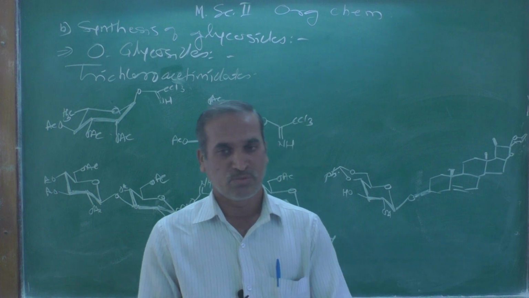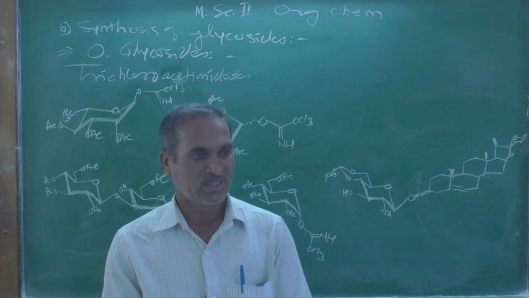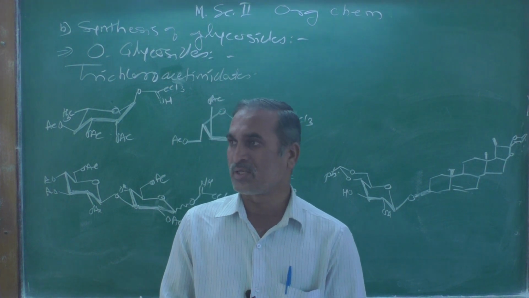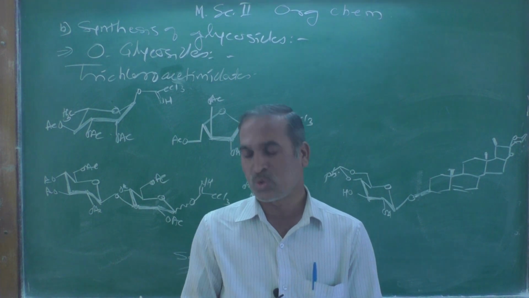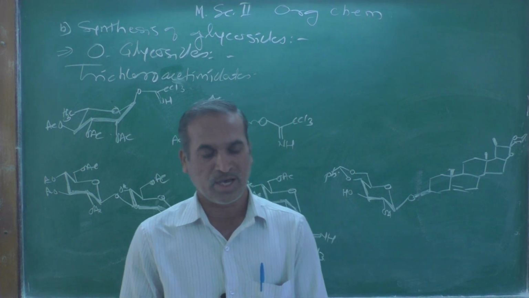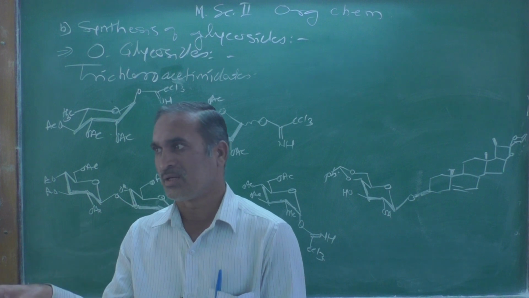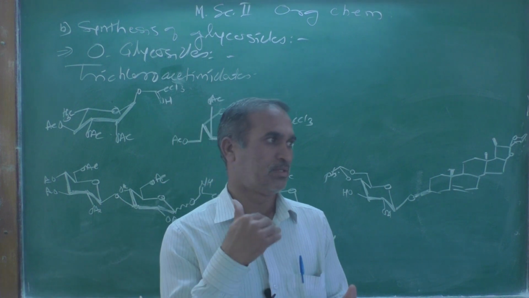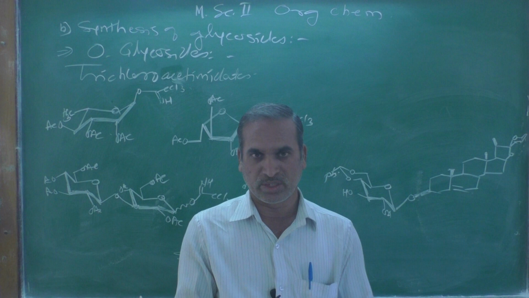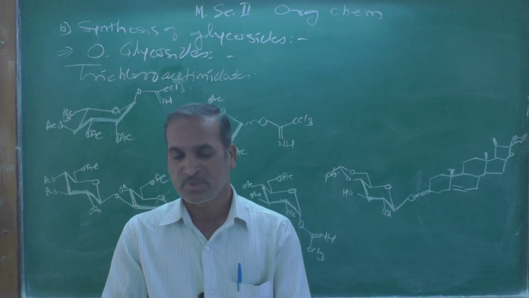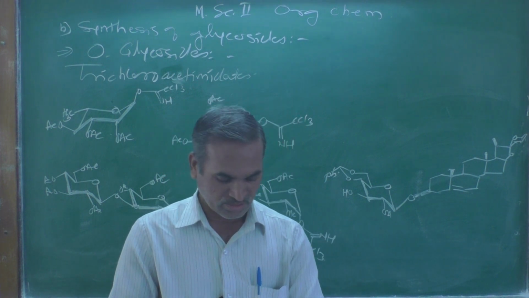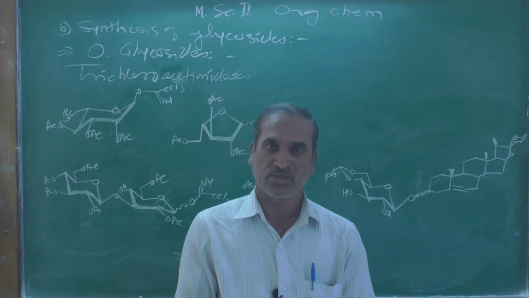Next time we will see some examples regarding thioglycosides and some of the halides, what they are, whether they act as acceptor or donor. That type of concept we will discuss in the next lecture.